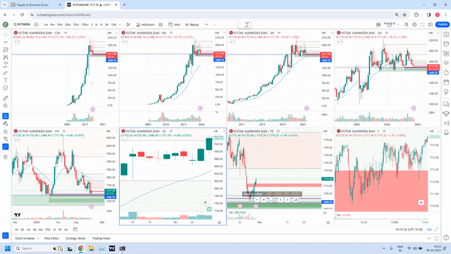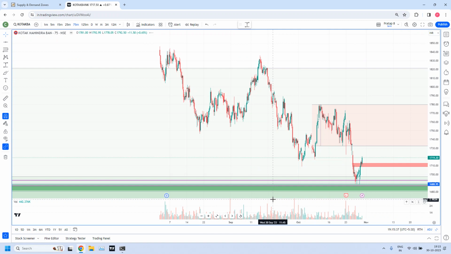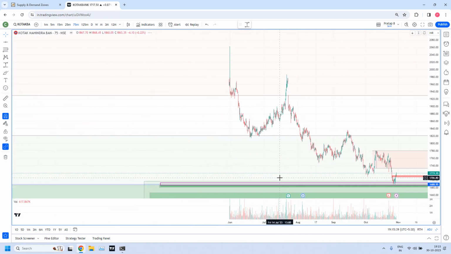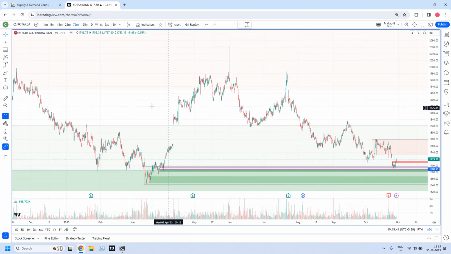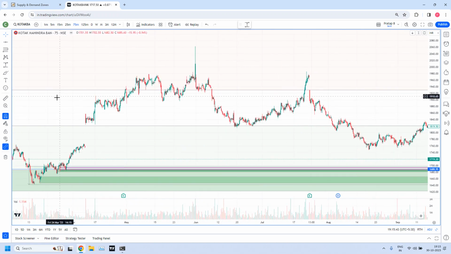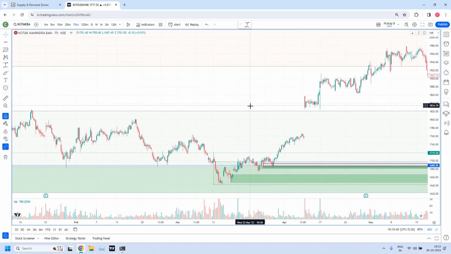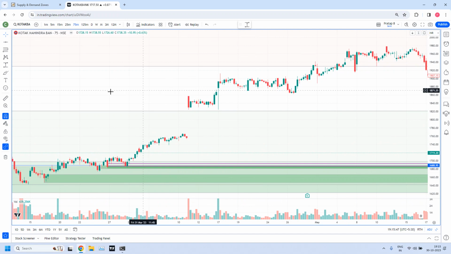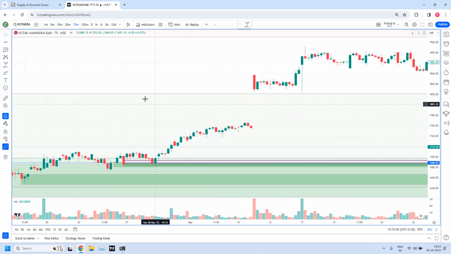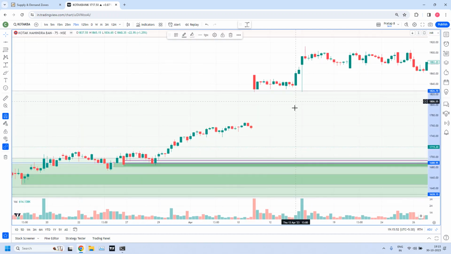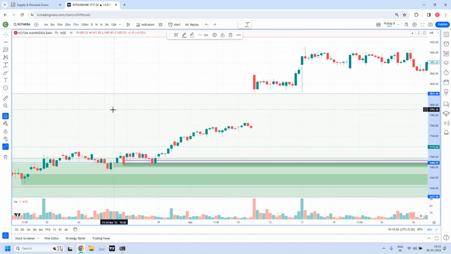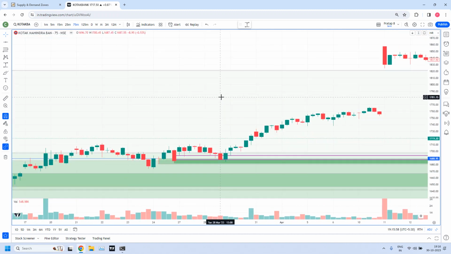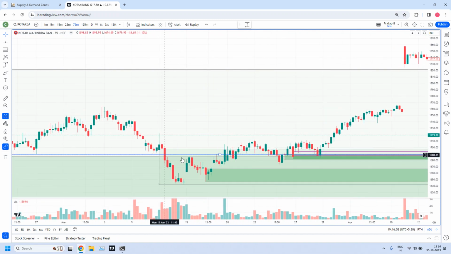First, let me go to the 75 minutes time frame. Why top-down analysis is important, you will understand here. Here, a fresh zone is created.